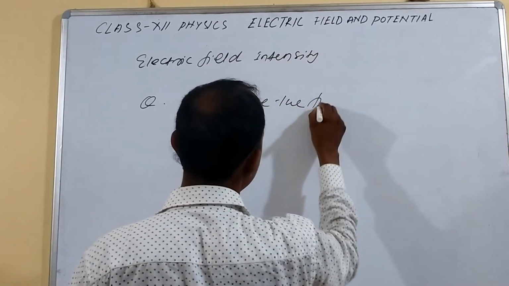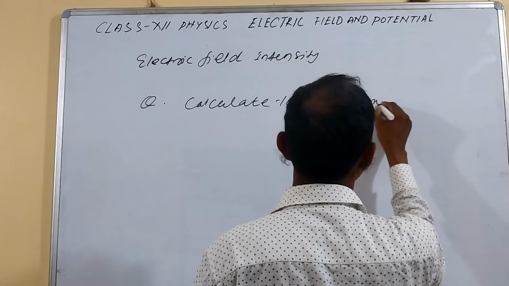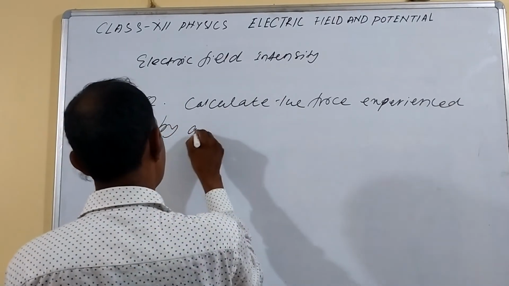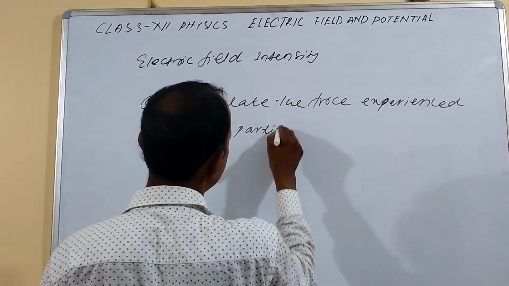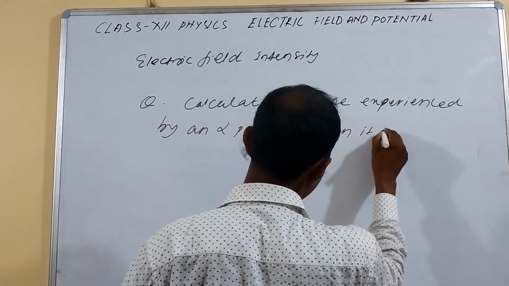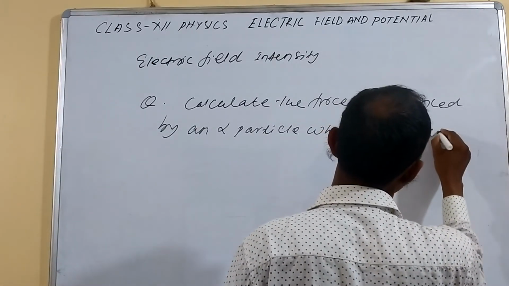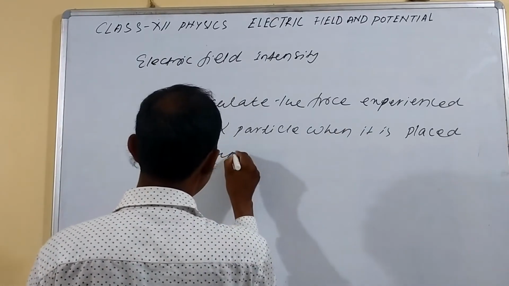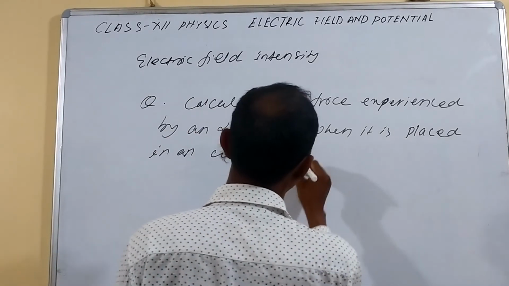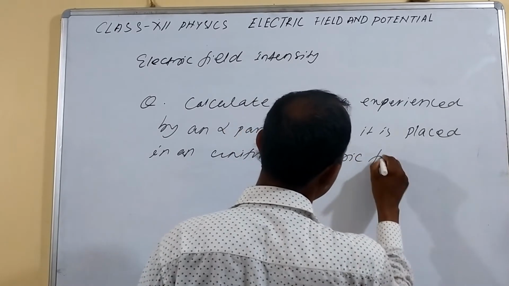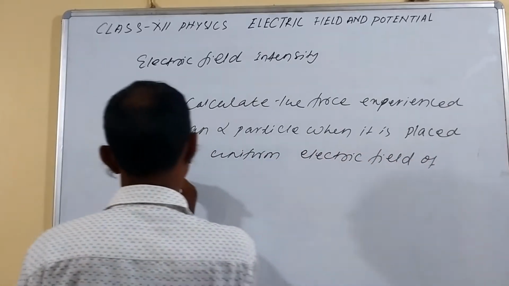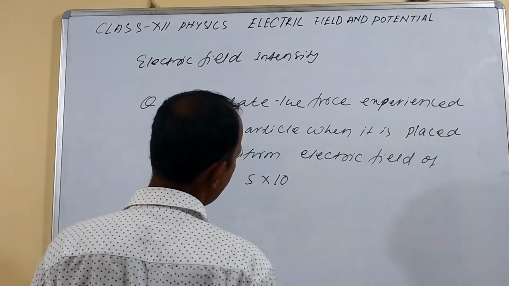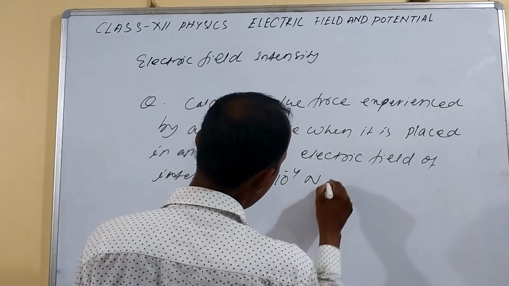Calculate the force experienced by an alpha particle when it is placed in a uniform electric field of intensity 5 into 10 to the power minus 4 Newton per Coulomb.